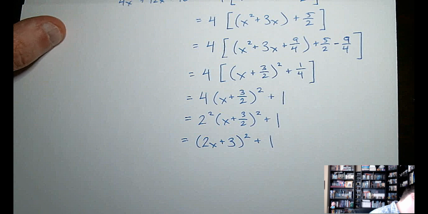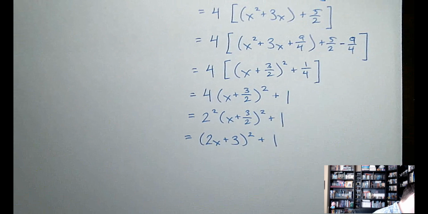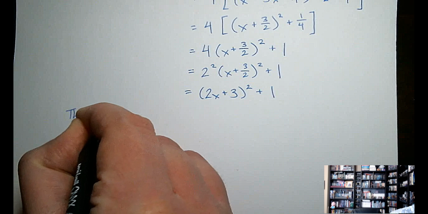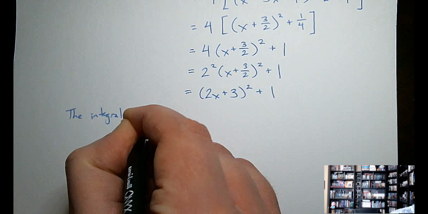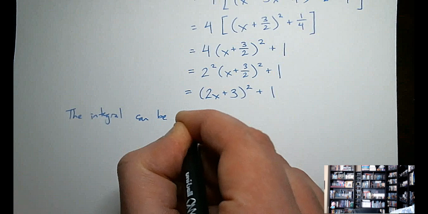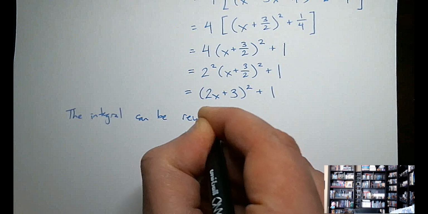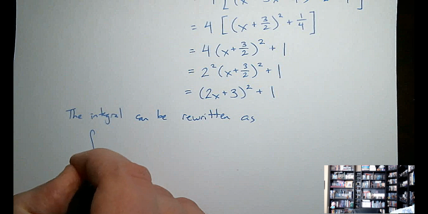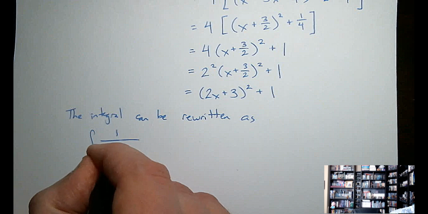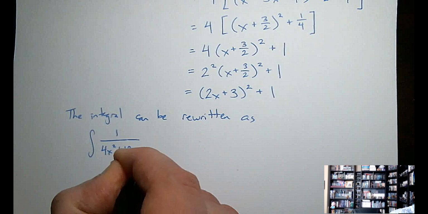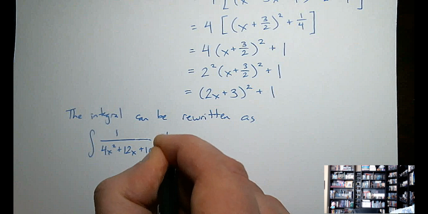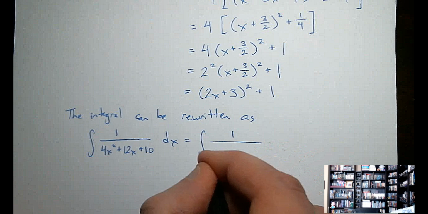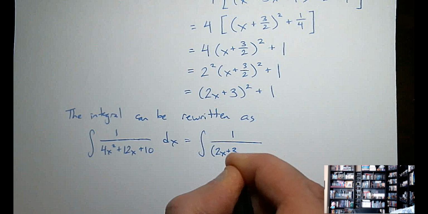So let's see then. That means that the integral we can rewrite using what we've obtained by completing the square. So instead of 1 over 4x squared plus 12x plus 10, now we've got 1 over this expression, 1 over 2x plus 3 all squared plus 1.